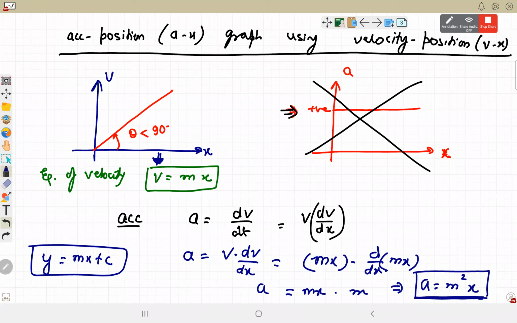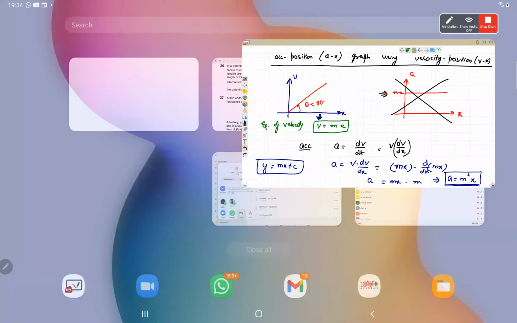Both quadratic, then it is a circle. Both quadratic with the same coefficient, circle. So it will be again a straight line.